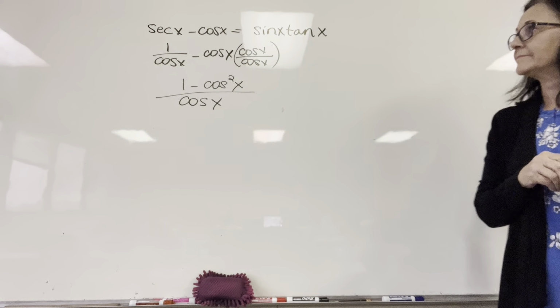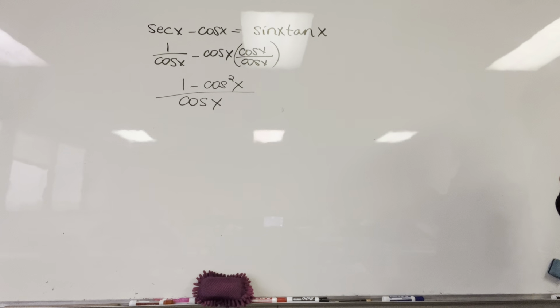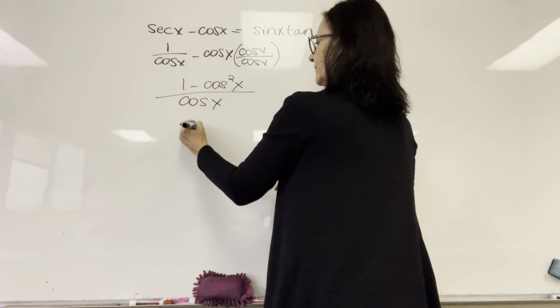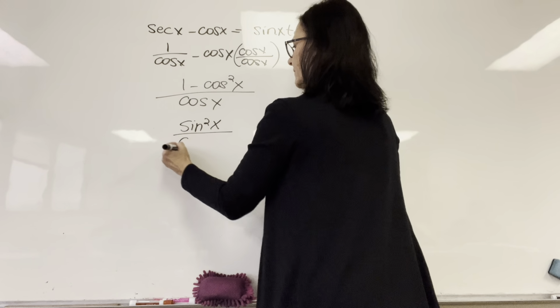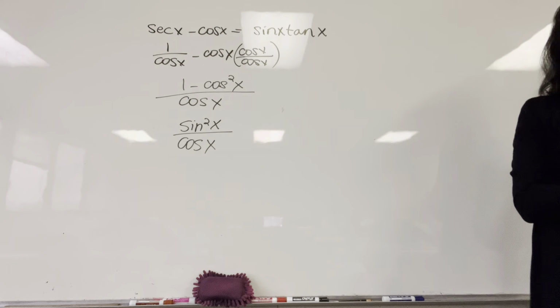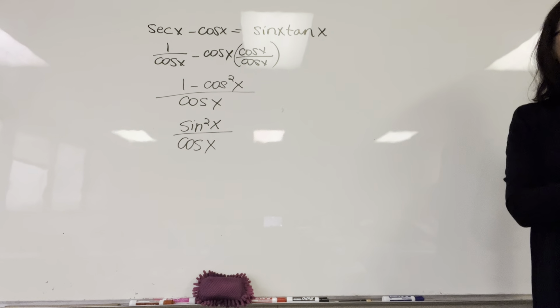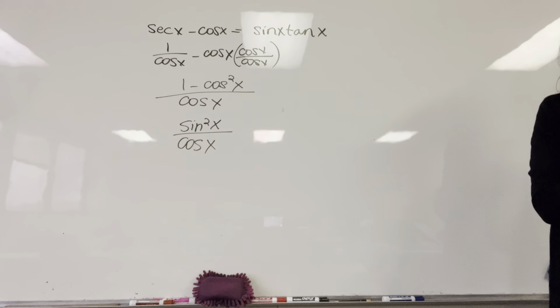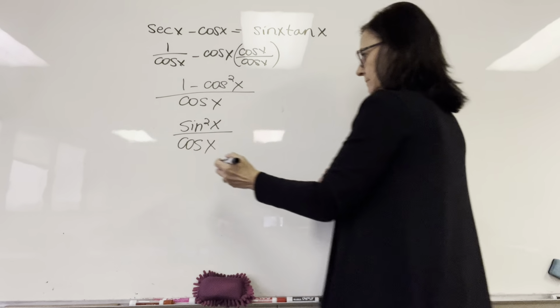Would you simplify the right side too? I don't think I need to. Okay, then that equals sine squared. Correct. So sine over cosine equals tangent, so we can pull out the tangent and get sine times tangent.